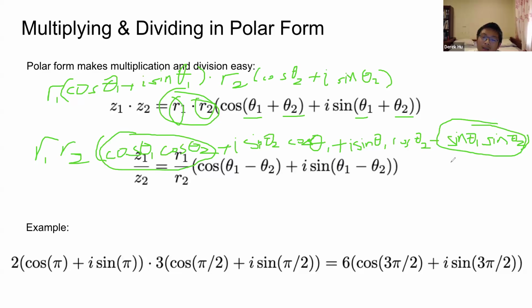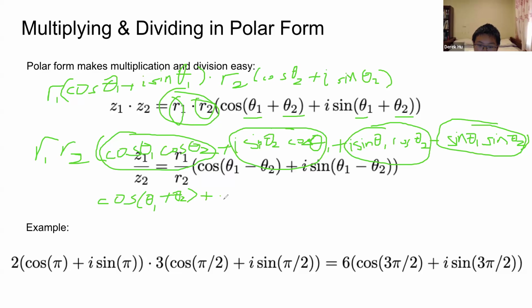And this is the same as the sum of cosines identity. So this part is equal to cosine of theta 1 plus theta 2. And then for these parts, they both have a factor of i. So if we move the factor of i out, we see that it's the same as the sum of sines formula.